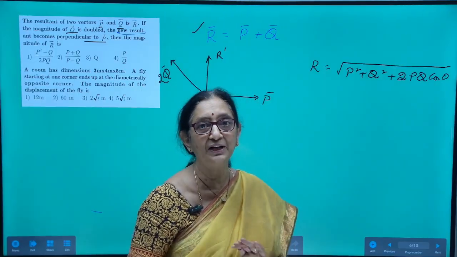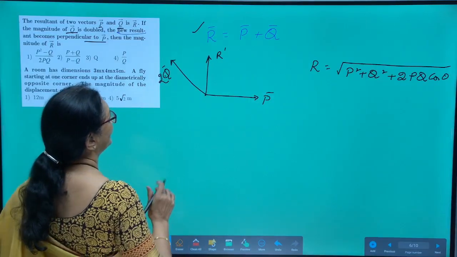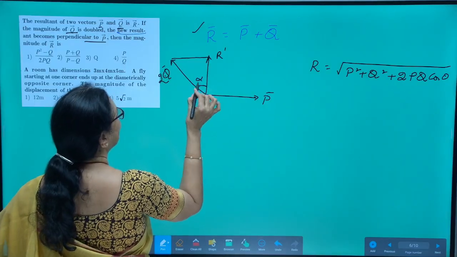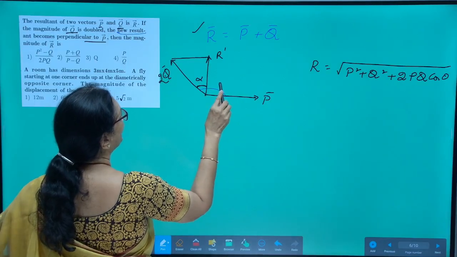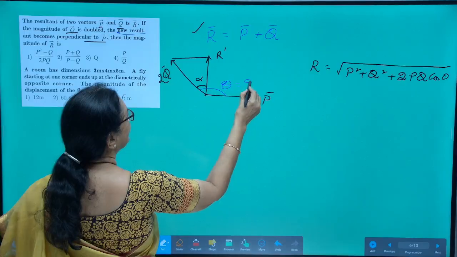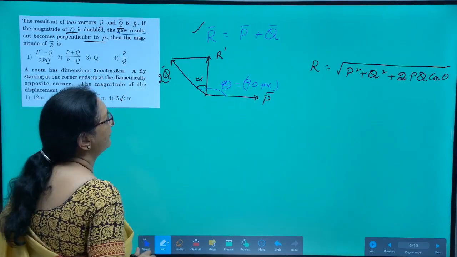So the original angle between p and q must be known. The angle is not changed actually. If you take this angle as alpha, the angle between p and q, which we call theta, is equal to 90 plus alpha. From this we can find alpha.